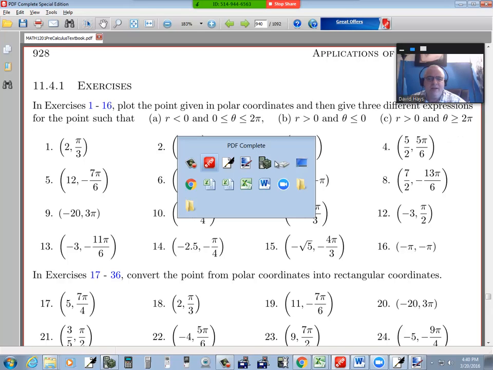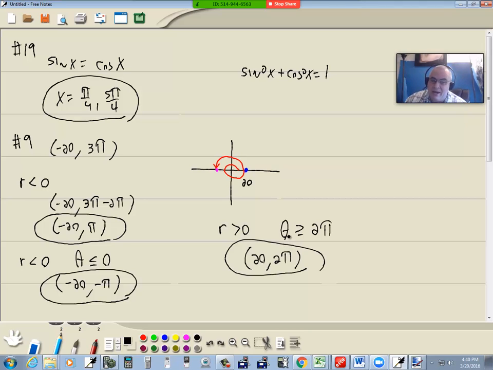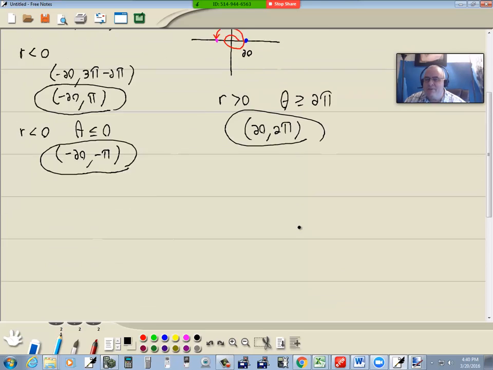If I just go 2 pi and I'm right here, then 20 and 2 pi would work, because 2 pi would be right to here, and a positive 20 means it'd be right at this point. There's an infinite number of possibilities on those, because I could go around another 2 pi and have 20 comma 4 pi, and that'd work. I shouldn't say there's infinite possibility in all of them, but in some of these there are.